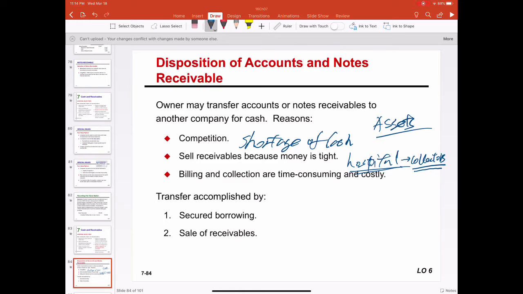So for the firm, for the disposition of accounts or notes receivable, there are two approaches. One is to use the accounts receivable as collateral for borrowings, or to simply sell the receivables.